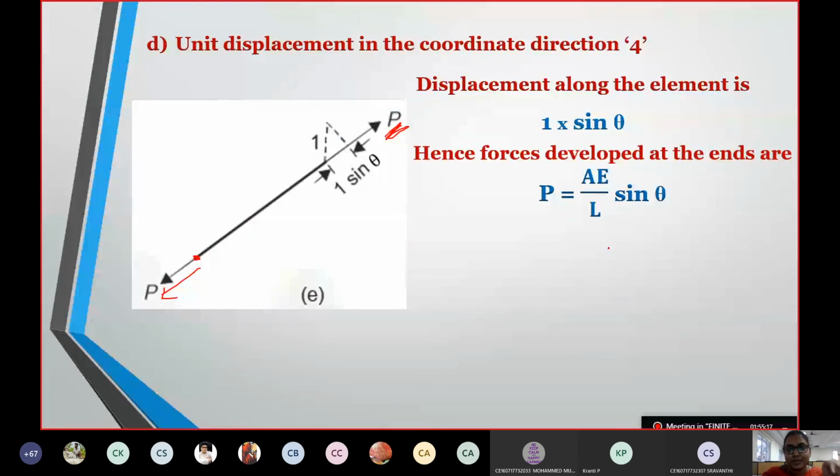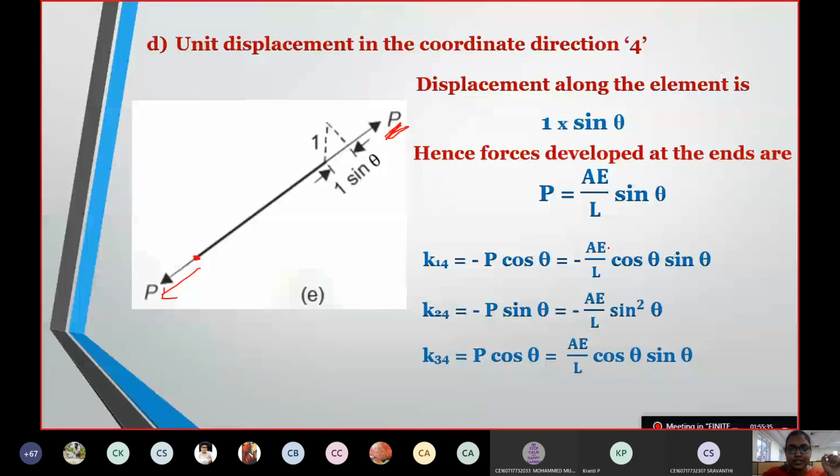If at all the displacement is happening in the other coordinate, there where you have to restrict, there it will be negative. All right. So the final terms: K14 will be minus P cos theta, K24 minus P sin theta, K34 P cos theta, K44 P sin theta. So these are the last four terms.